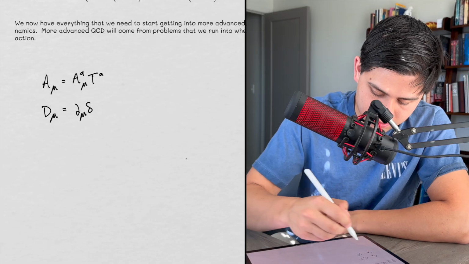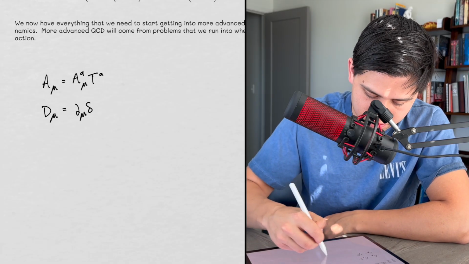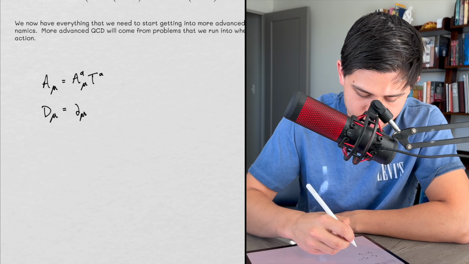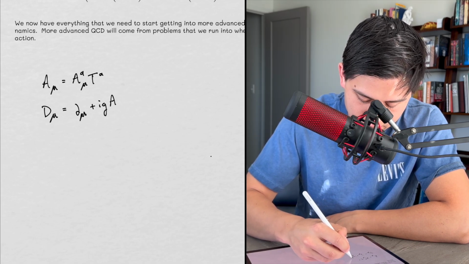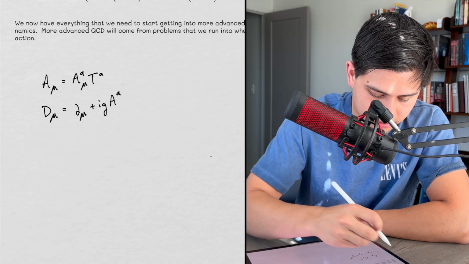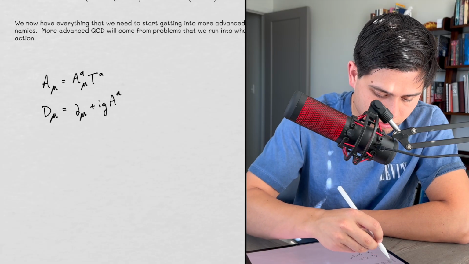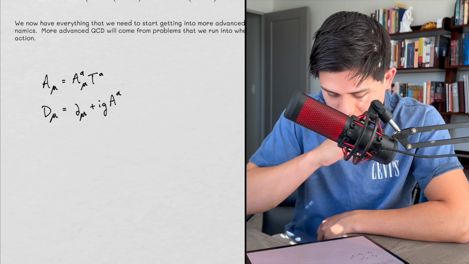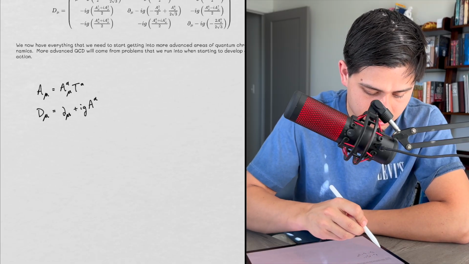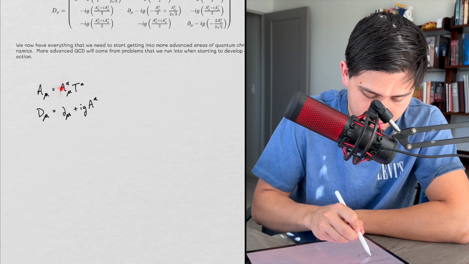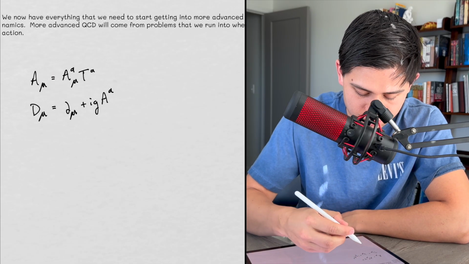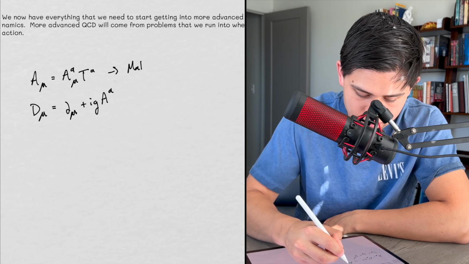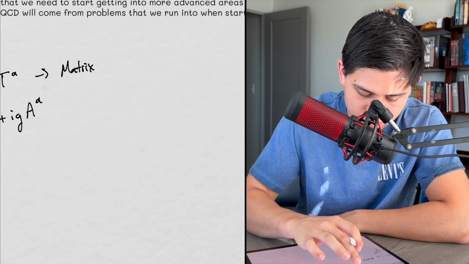Let's just do it like this. We have d mu plus i g A, and this is what we have. This is our matrix field, or matrix valued.